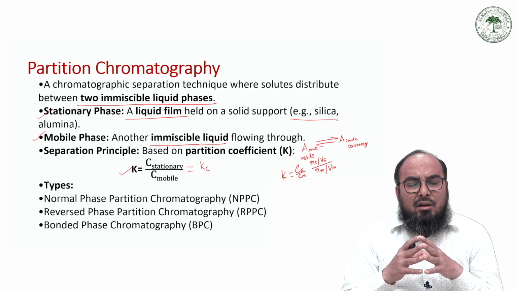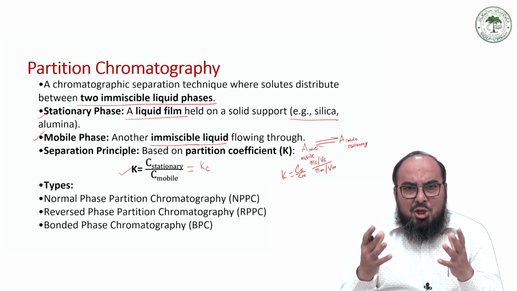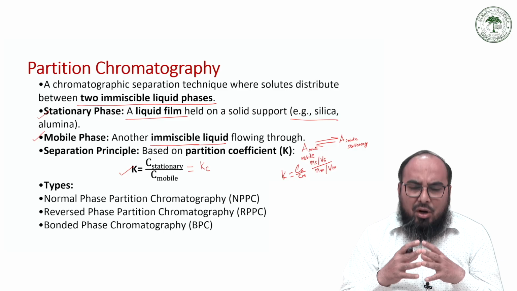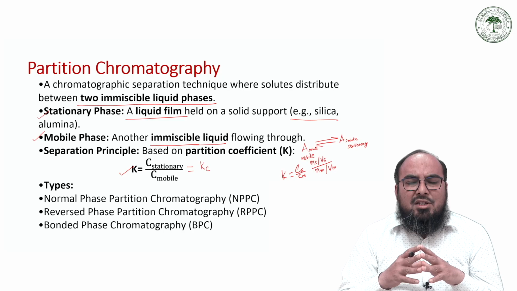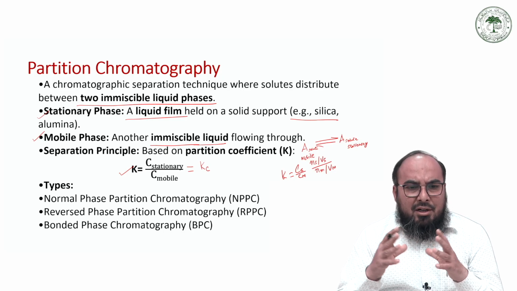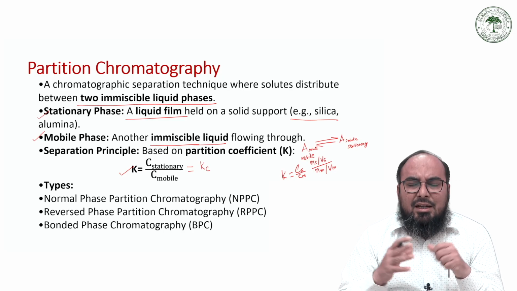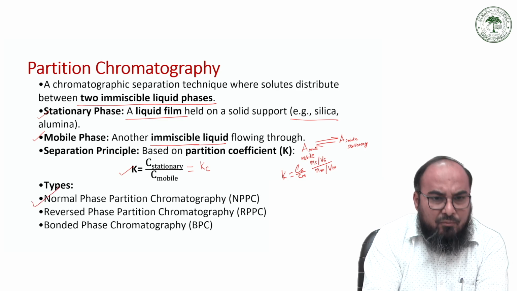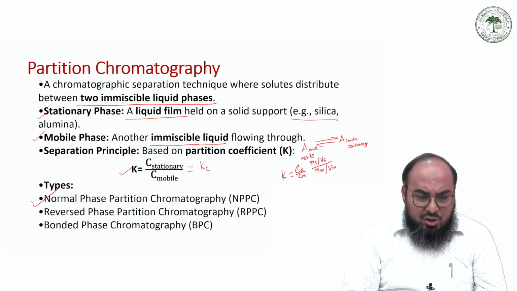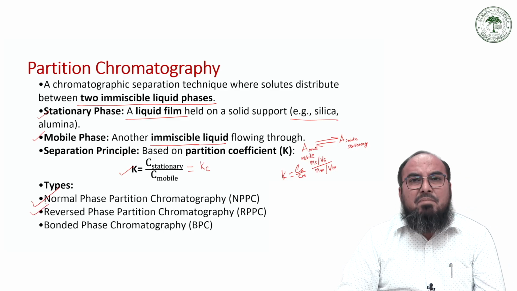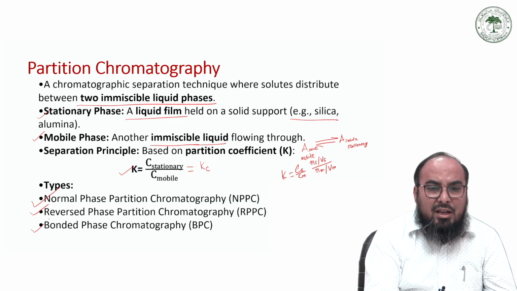So again, we have partition chromatography, which is very important, and the idea of this chromatography was investigated by Martin and Synge. We have different types of chromatography: normal phase partition chromatography, NPPC; reverse phase partition chromatography, RPPC; and bonded phase chromatography, which is very important.